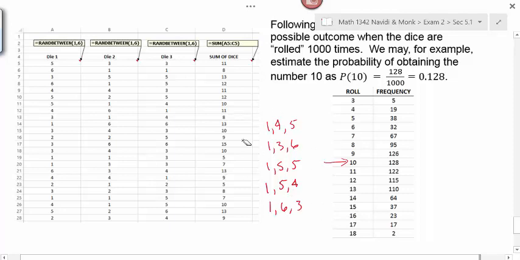There's a whole bunch of different combinations of numbers on these 3 dice that add up to 10. That's why that frequency is so much higher. You're more likely to get a 10 when you roll because there are more different combinations of numbers on those 3 dice that would give you a 10. The only way to get a sum of 3 is to roll a 1, 1, 1. The only way to get a sum of 18 is to roll a 6, 6, 6. It's harder to get those combinations. We have fewer counts, which means smaller probabilities.